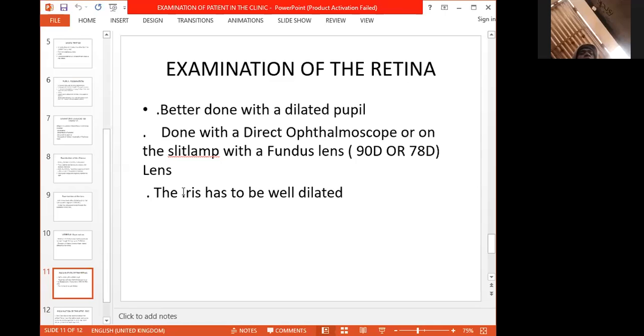The iris has to be well dilated for you to have a clear view of the retina with these lenses. You do it in conjunction with a slit lamp. The slit lamp rays pass through the lens and show you the retina completely clear and nice.